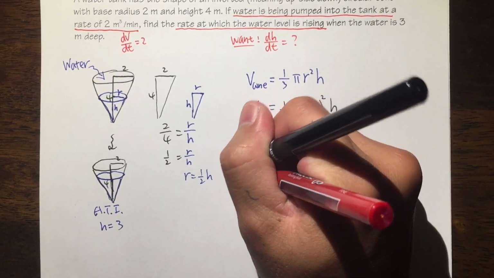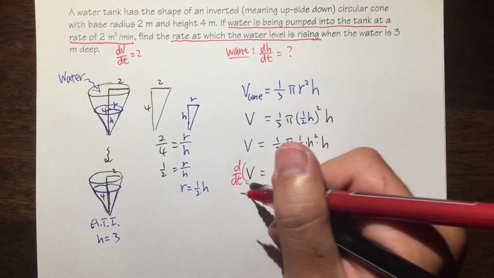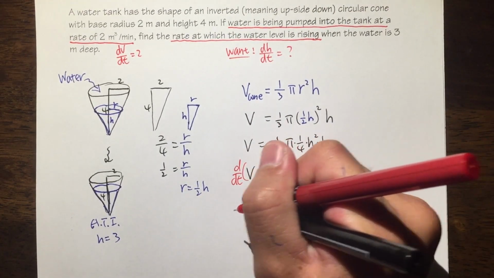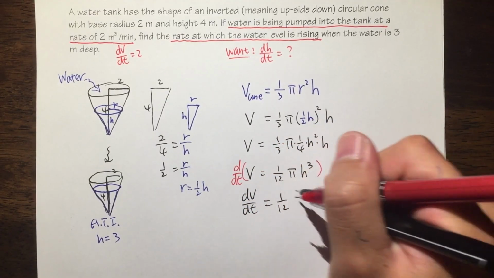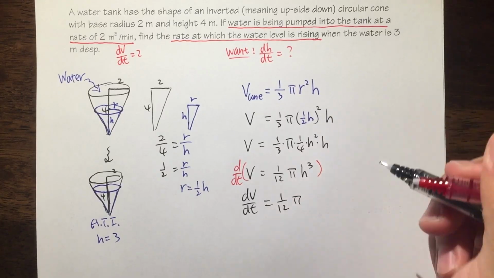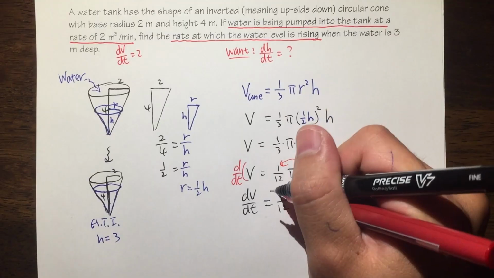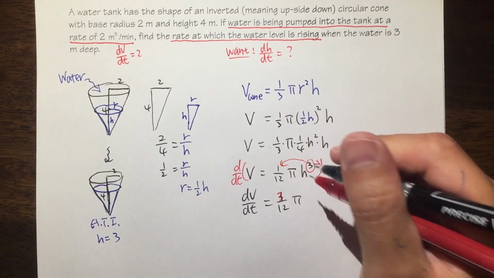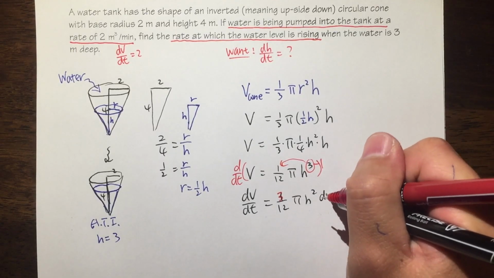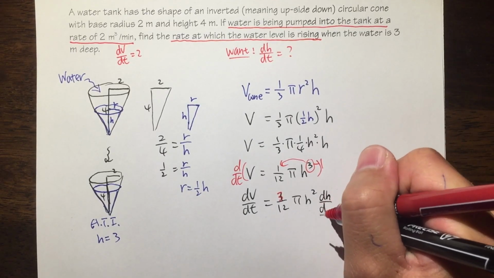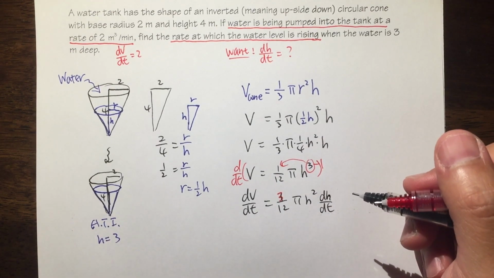We can just differentiate this with respect to time, and then the left hand side gives us dV/dt, and the right hand side, this is just 1/12. Pi is just pi, and actually bring this 3 to the front, do the power rule. So this is technically 3/12, and then we have the H squared, and then we have the dH/dt, because H is also a function of time.